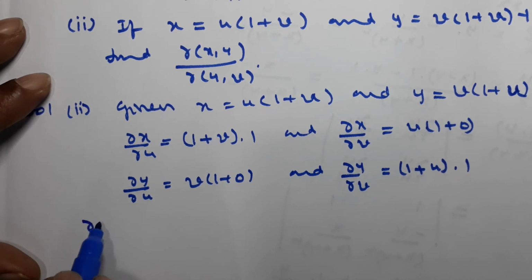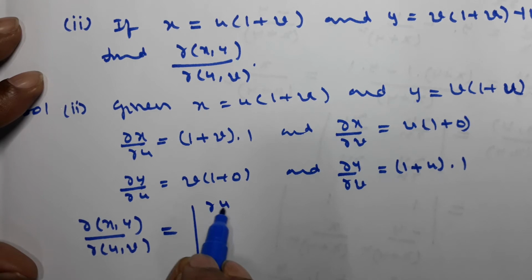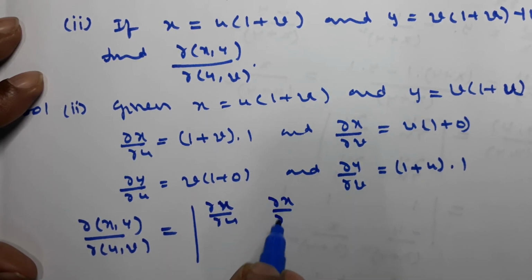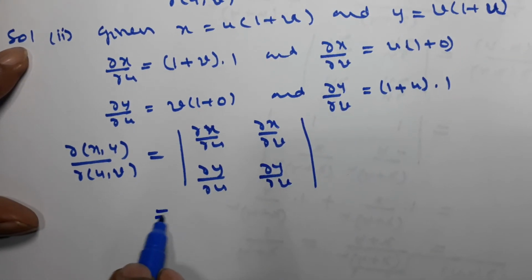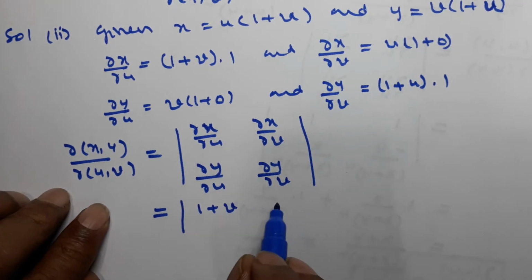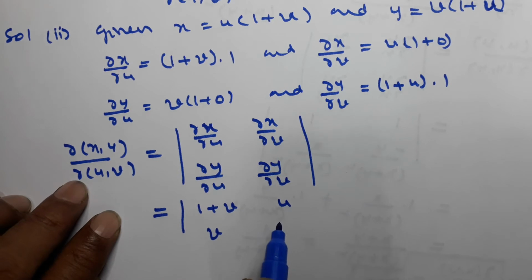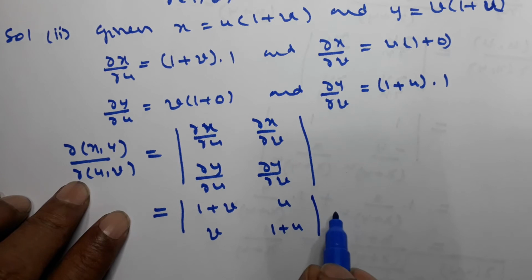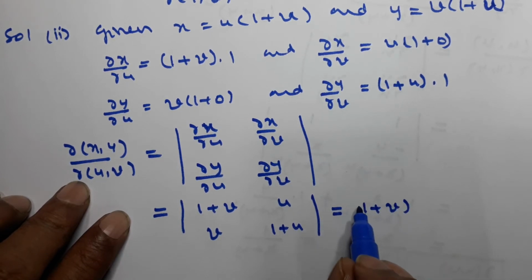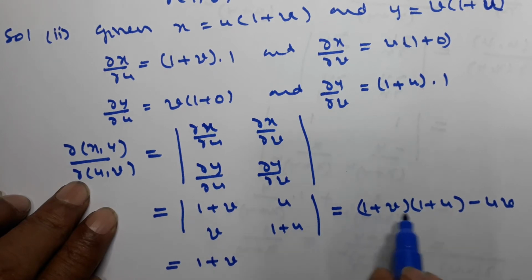So that dou of x comma y divided by dou of u comma v is equal to the determinant dou x by dou u, dou x by dou v, dou y by dou u, dou y by dou v, is equal to dou x by dou u is 1 plus v, dou x by dou v is u, dou y by dou u is v, dou y by dou v is 1 plus u, is equal to 1 plus v into 1 plus u minus uv is equal to 1 plus v, because 1 plus v into 1.